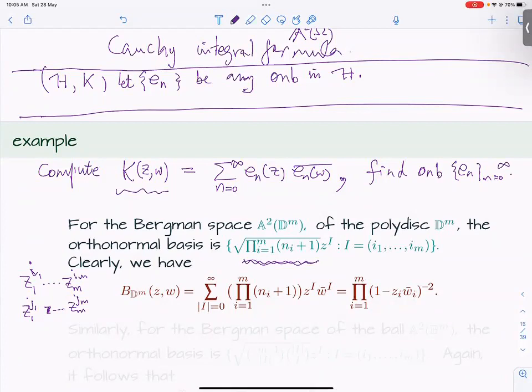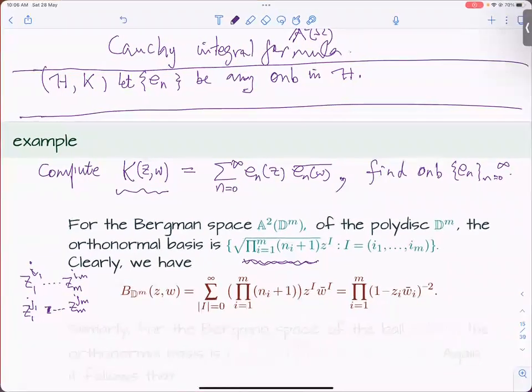where this n_i is, what is n_i? This is not n_i. It should have been the product over k, where i is the multi-index. It should have been i sub k, k going from 1 to m.